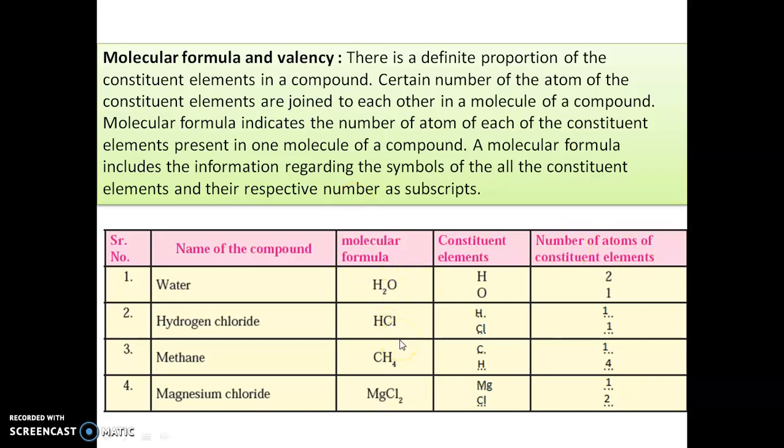This is called a subscript. So hydrogen chloride has 1 hydrogen, 1 chlorine. Methane, 1 carbon and 4 hydrogen. And magnesium chloride, 1 magnesium and 2 chlorine. So very clearly we can see the number of atoms of the constituent elements from the molecular formula.